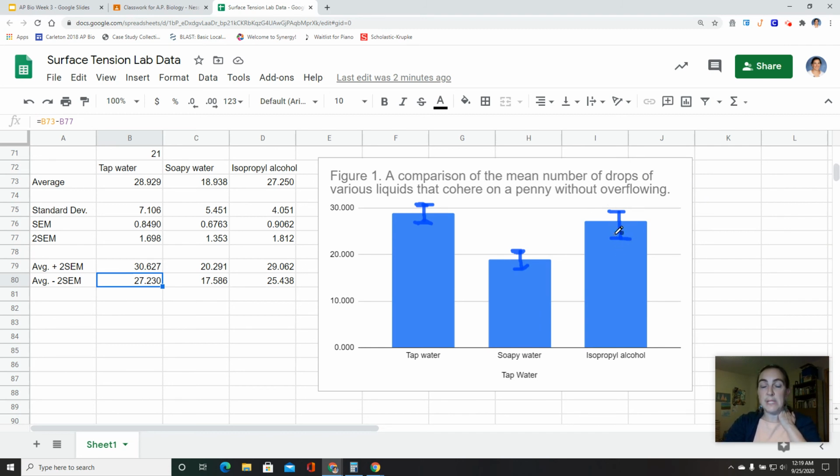So now when we take a look at this, you can see that we need to refine our conclusion a little bit. Take a minute and rewrite your conclusion. Look at whether these error bars overlap, and talk about whether this data actually is statistically significant or not.